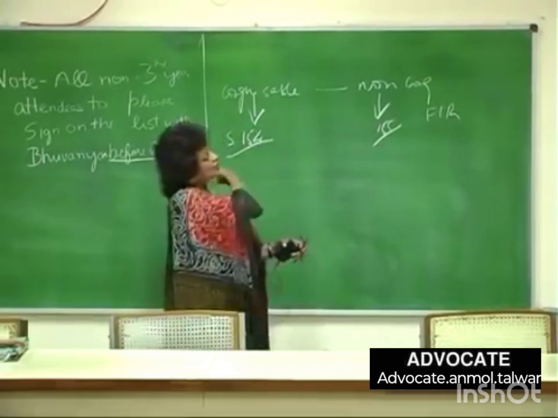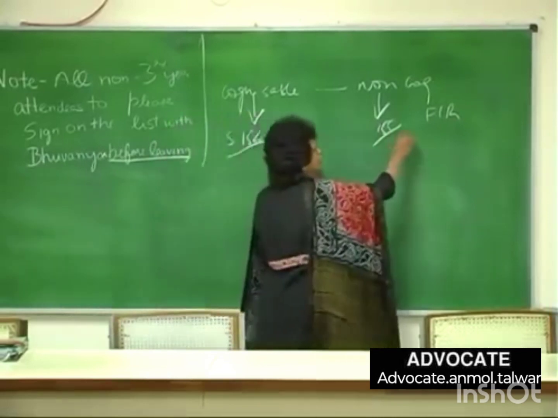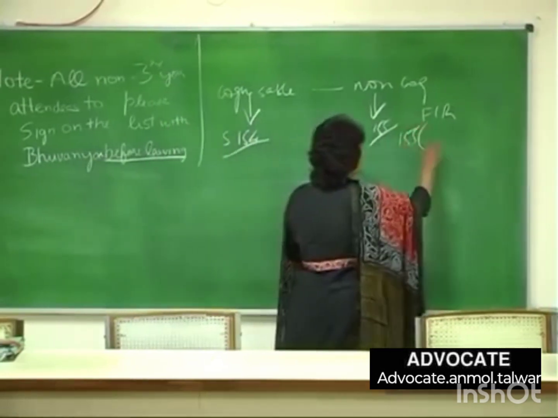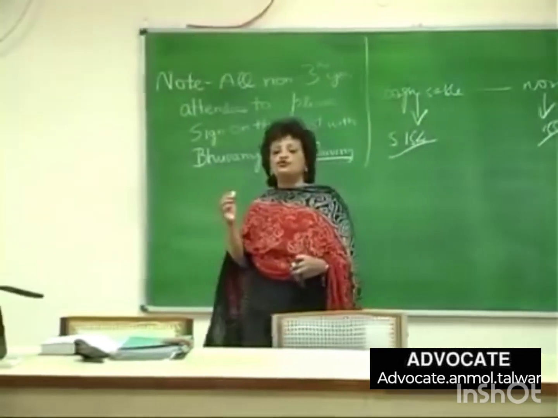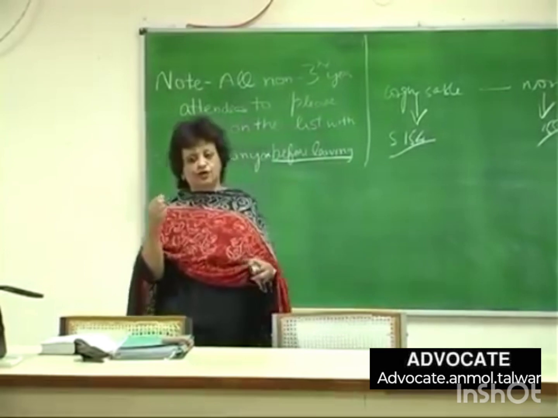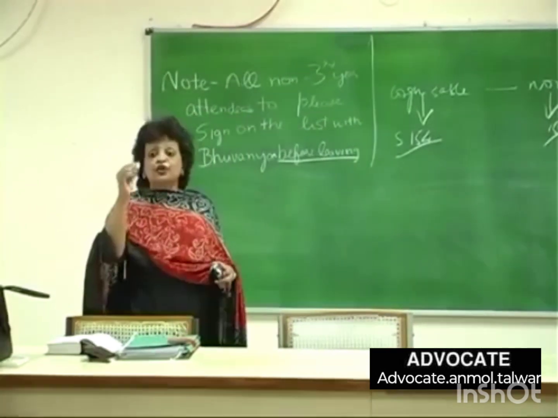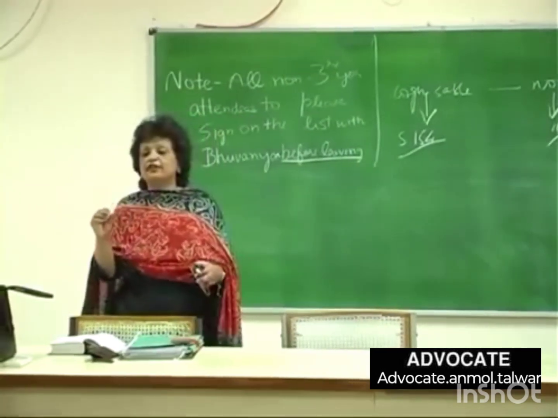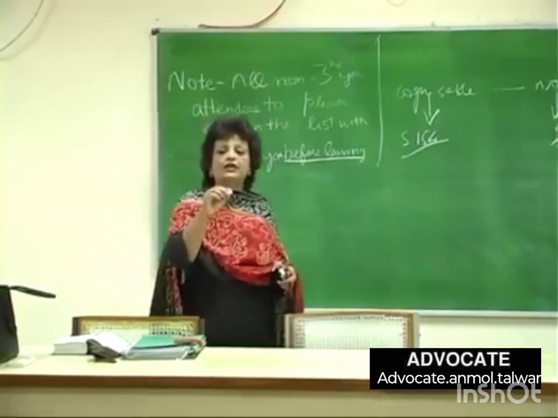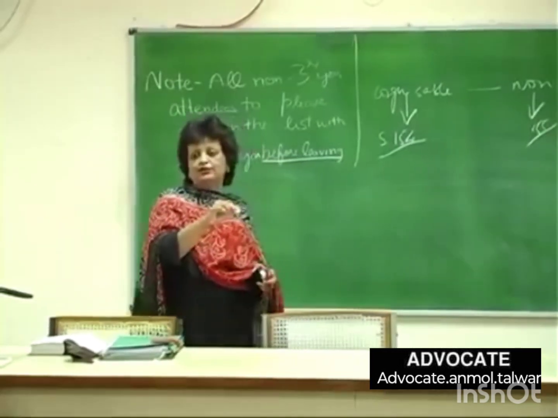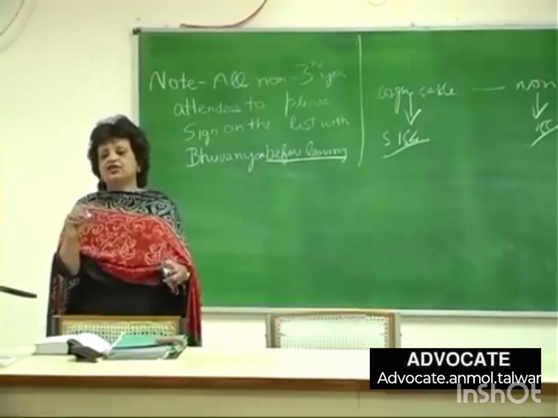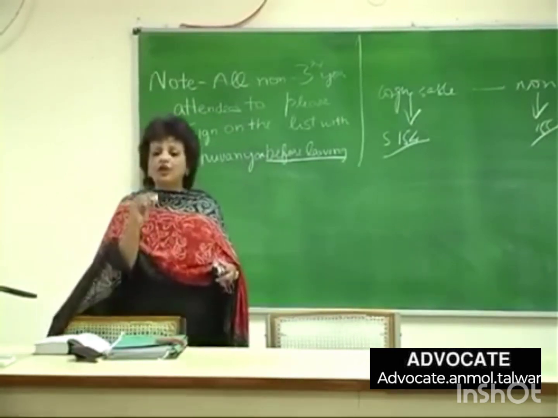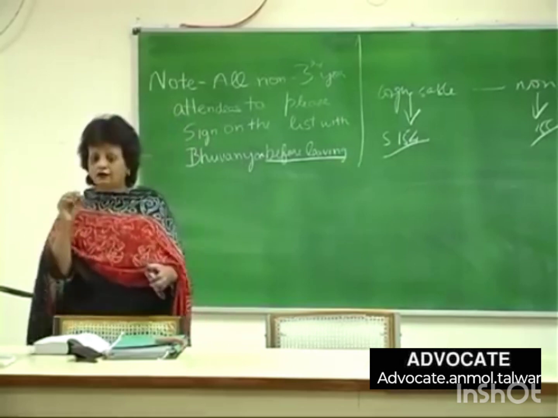An investigation can proceed only under section 155(2), where the police officer takes permission from the magistrate to investigate the matter. So if it is a non-cognizable offense and no permission is taken by the police officer from the magistrate to continue with the investigation, his investigation will be termed as illegal and void.